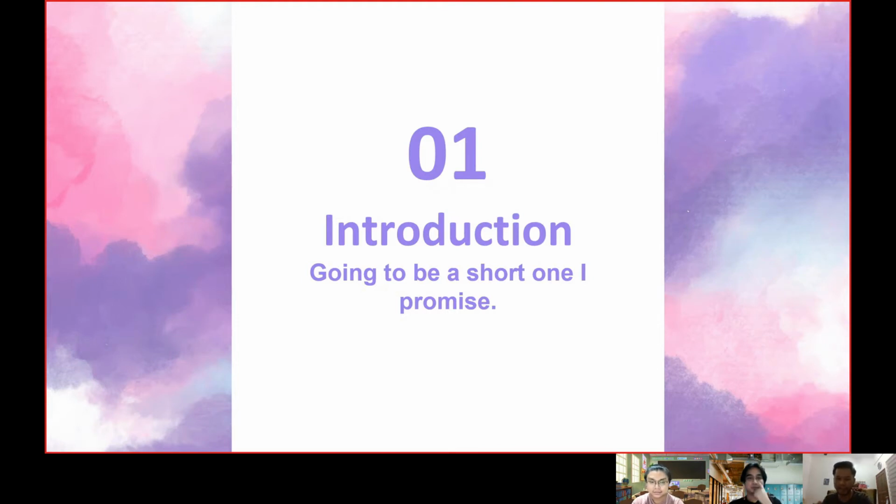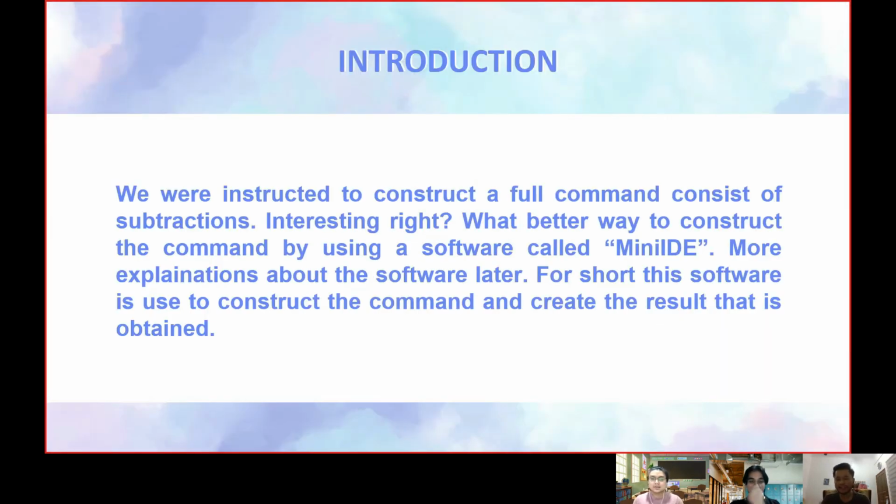For the introduction, I promise it's going to be a short one. Since we got the subtraction question, we were instructed to construct a full command consisting of a subtraction. What better way to construct the command than by using a software called Mini IDE and its companion, the simulator. More explanation about the software later.